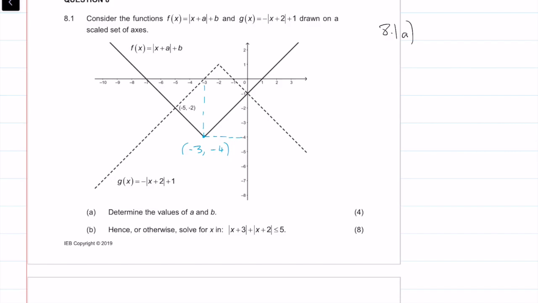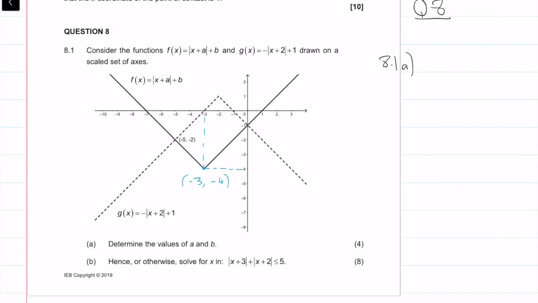With the salient point, it's easy to determine the equation of the graph. f of x is equal to the absolute value of x, and remember we always use the opposite sign, so plus 3 and minus 4. That means that the value of a is equal to positive 3 and the value of b is equal to minus 4. Then we can move on to b.